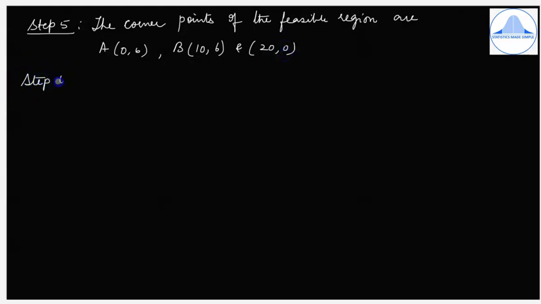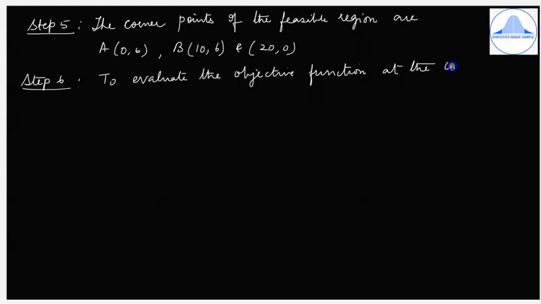The last step now is step 6, to evaluate the objective function at the corner points. So you consider the objective function. The objective function is z equal to 3x plus 5y.